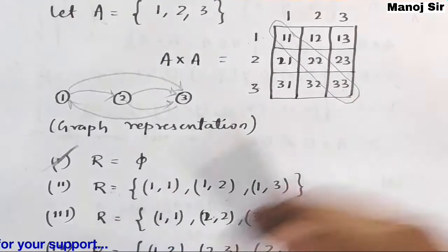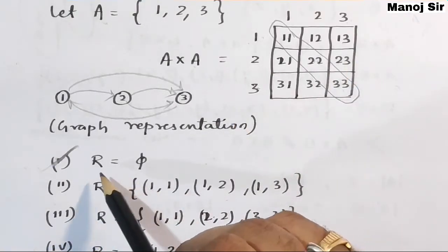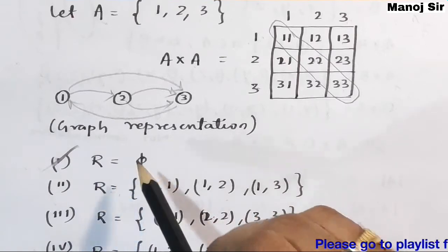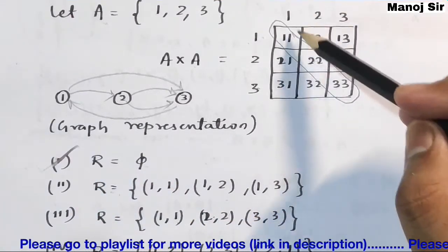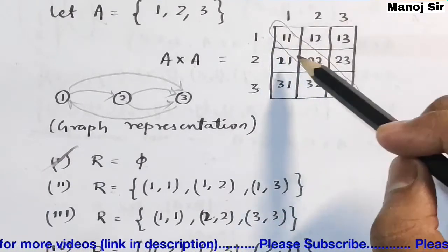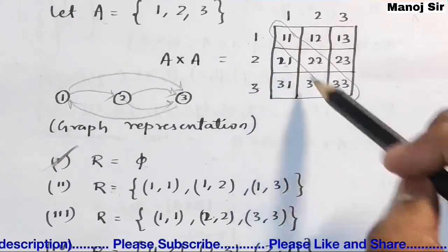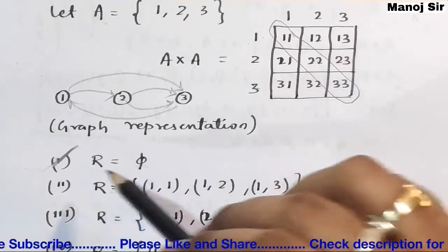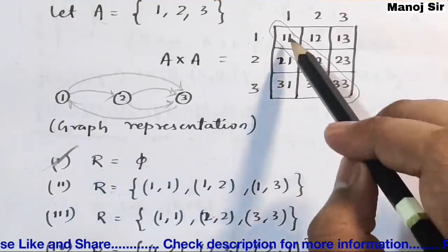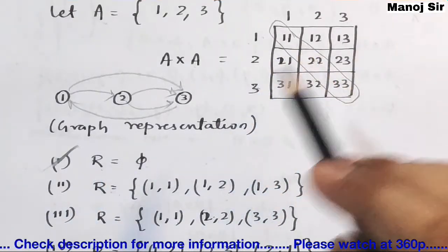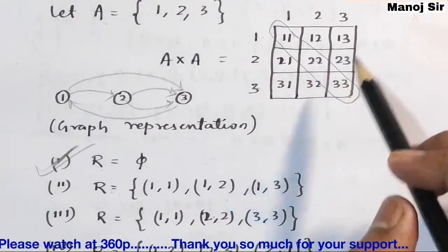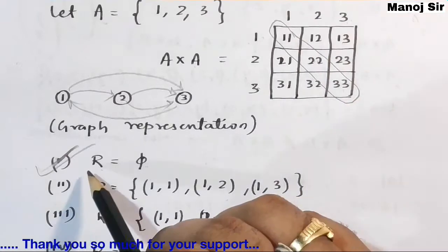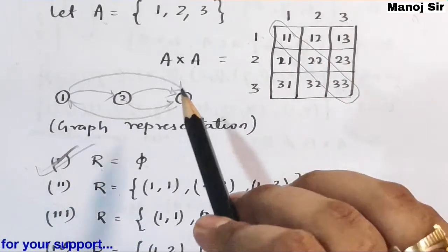So R equals phi. This relation does not contain any of the three reflexive pairs, so it is said to be an irreflexive relation.